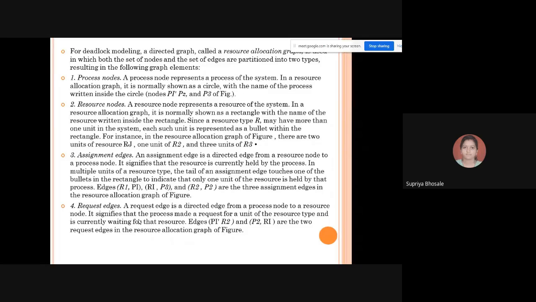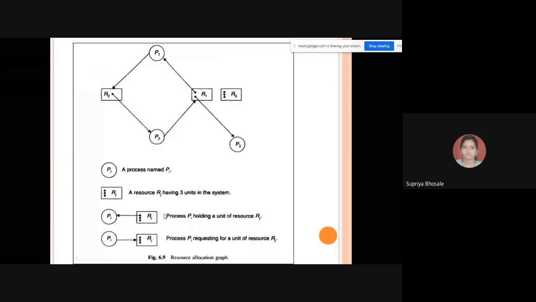The edges (R1, P1) and (R2, P2) are assignment edges in the resource allocation graph of the figure. Here it is shown which particular resource is allocated to that process.